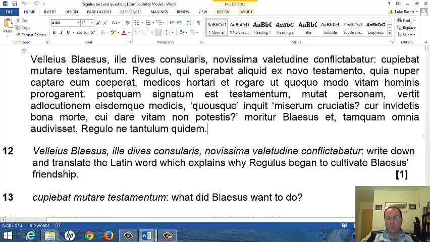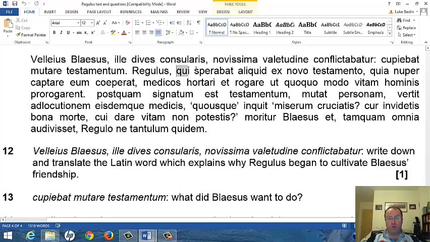Okay, was being afflicted, novissima ablative valetudine, with a very recent sickness. Cupiebat mutare testamentum. He was desiring to change testamentum, his will.